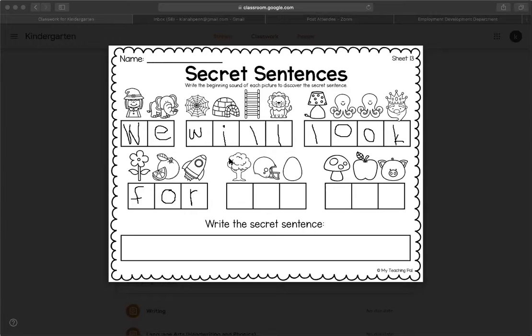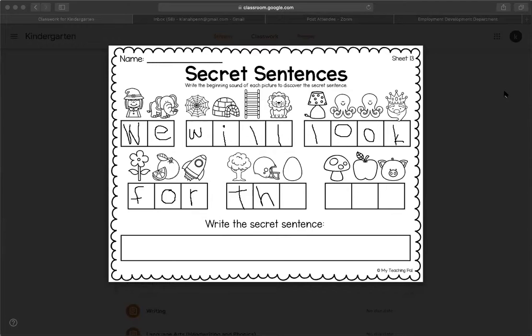T. We're going to do a lowercase t. And Gavin, can you tell me what the next picture is? Helmet. And what beginning sound does helmet start with? H. So you're going to write a lowercase h.